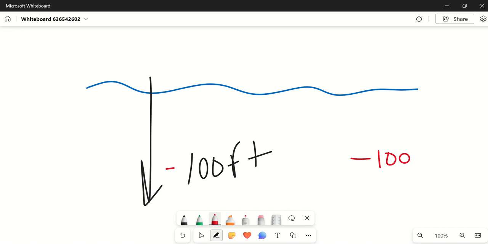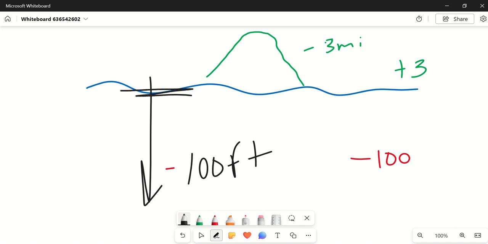It's below sea level. Whereas if a mountain is above sea level, say, 3 miles above sea level, this would indicate a positive 3. Whereas the level of the sea would be 0.